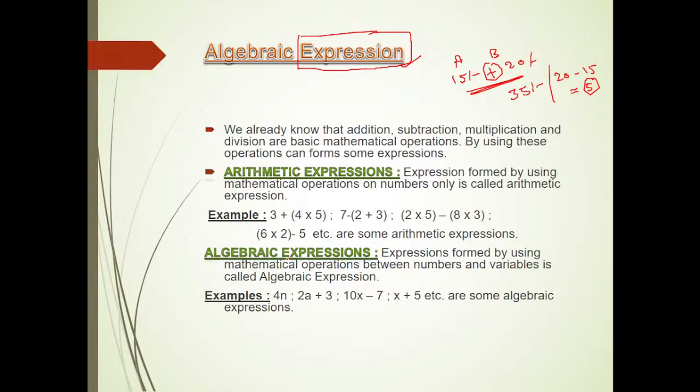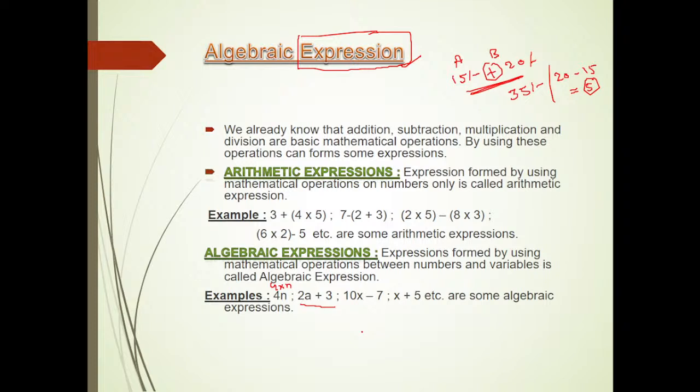Coming to the algebraic expressions, instead of only numbers, we will use some unknown values, like variables. We will use variables like 4n, meaning 4 into n. There is a number which gives the 4n value. And here are other expressions: 2a plus 3, 10x minus 7, similarly x plus 5, etc. These are some algebraic expressions.